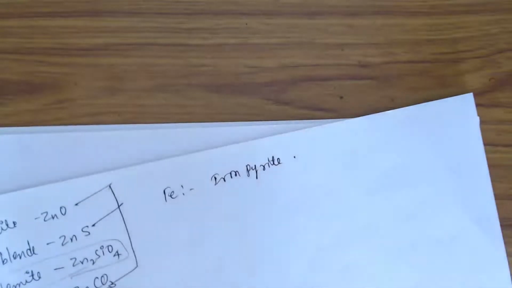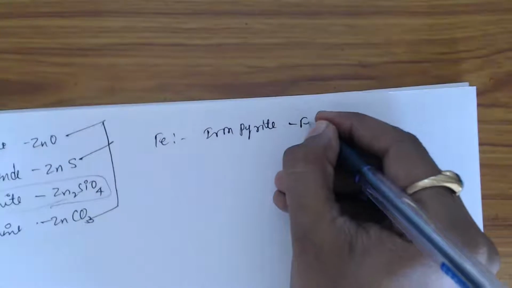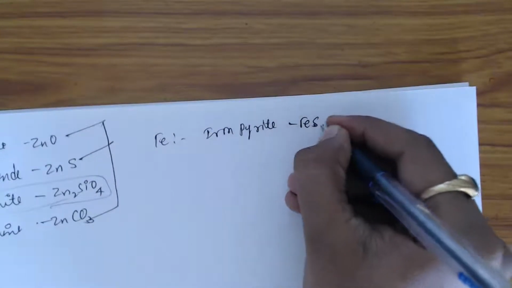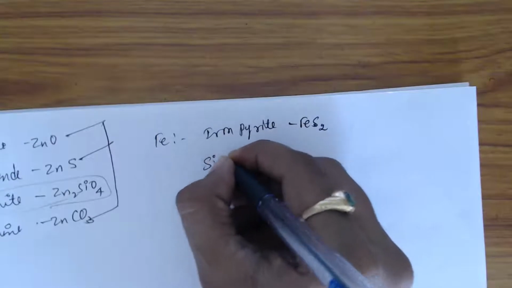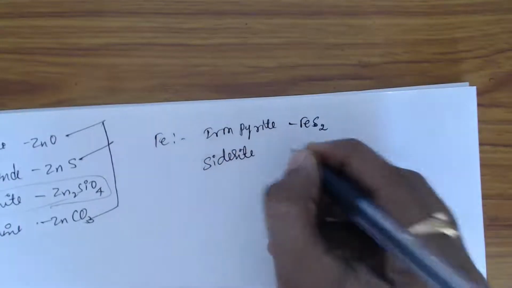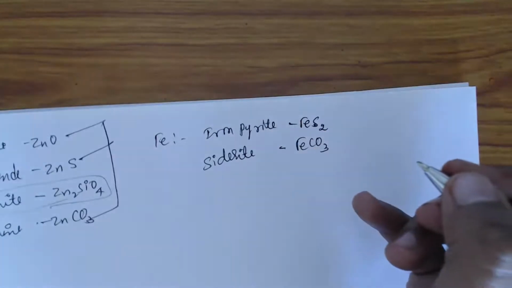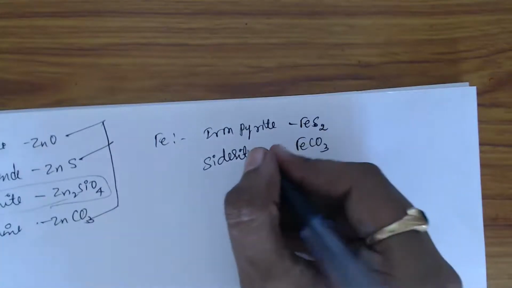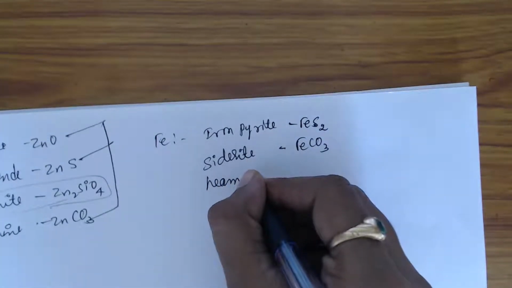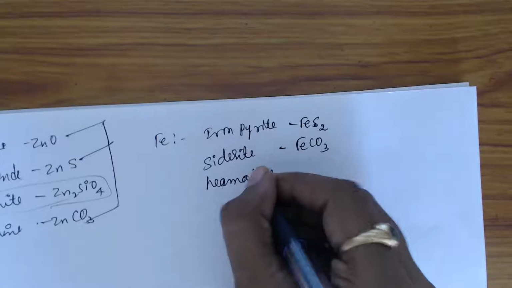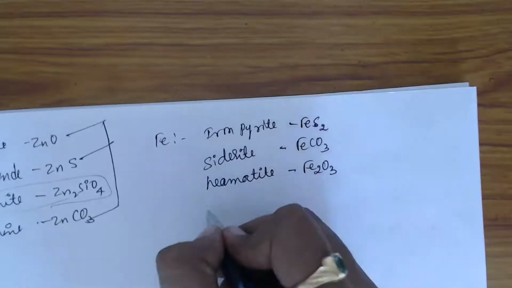So important ores of iron means, in that iron pyrite is there. Iron pyrite means FeS2. Next, siderite is there. Siderite means FeCO3. Okay. Next, hematite is there. Hematite means Fe2O3.